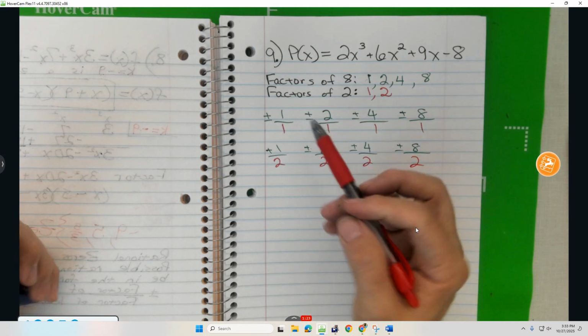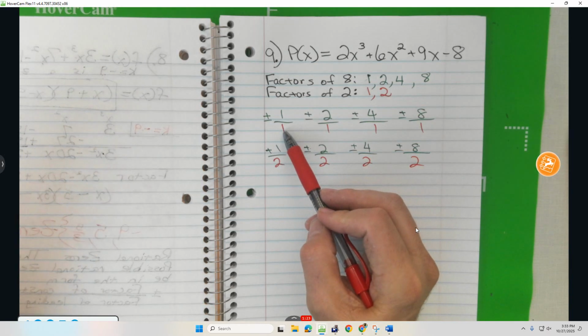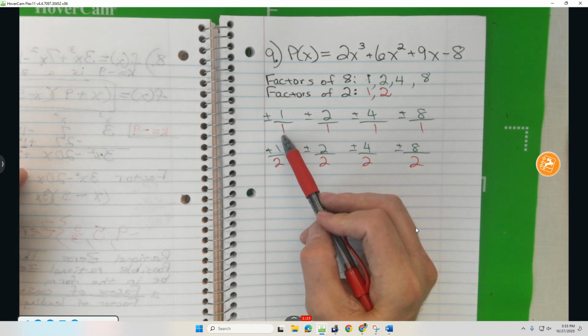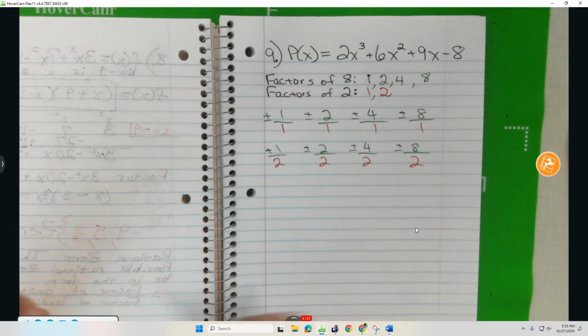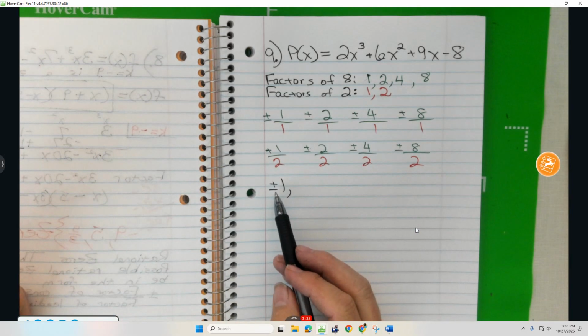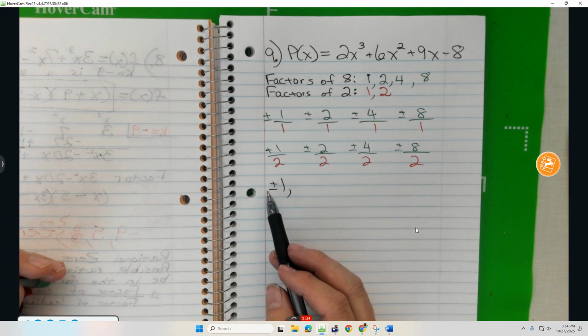Reduce each fraction. Now we're going to reduce this first fraction. We're getting 2 possible zeros here. 1 over 1 reduces to 1, so positive 1 or negative 1. And I'll tell you right now, positive 1 and negative 1 will always be possible zeros.